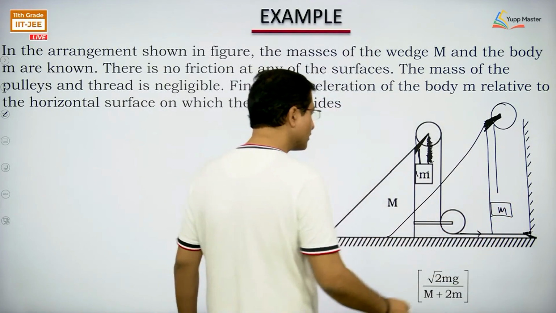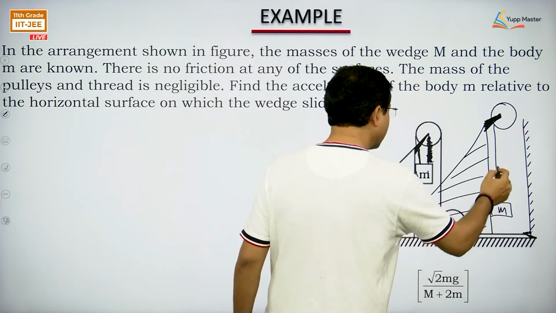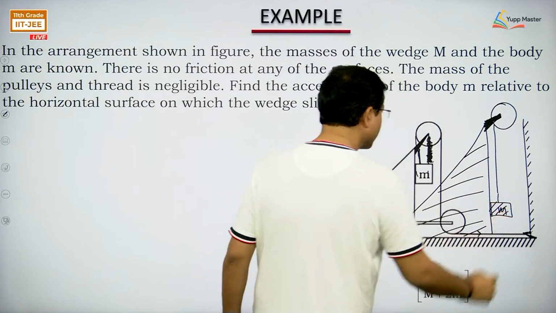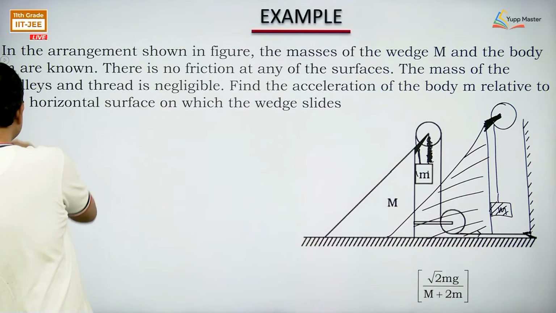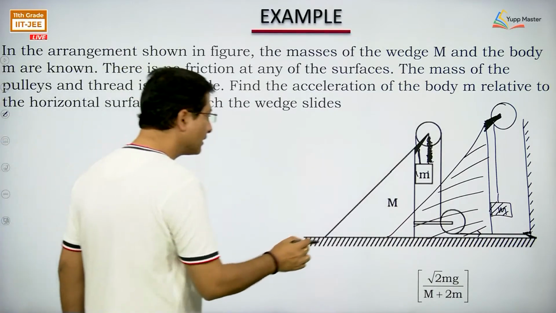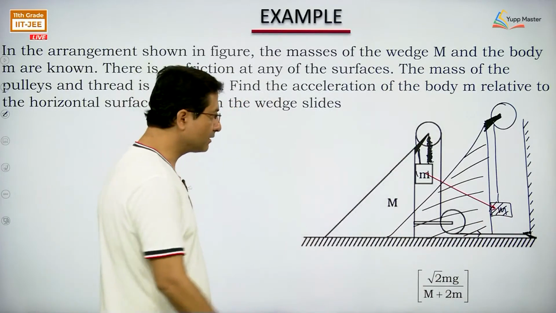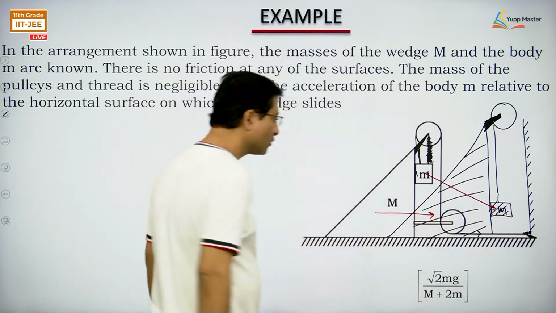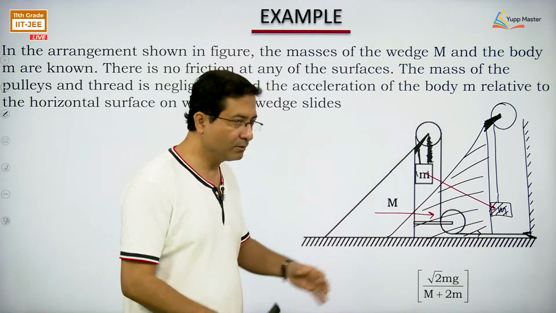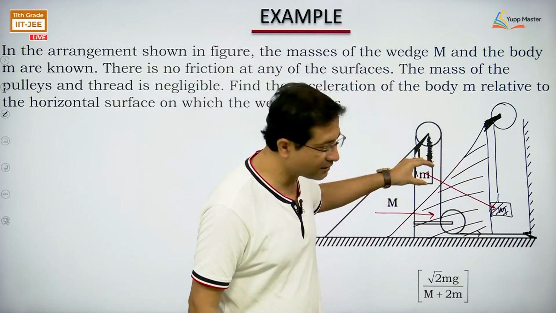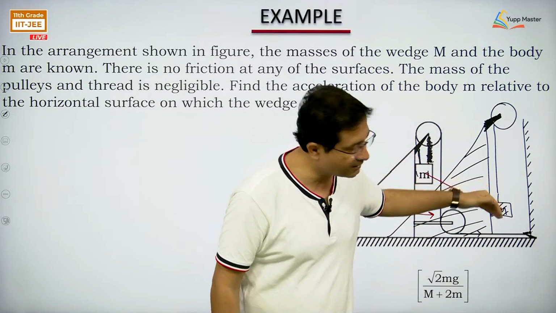So this is the new location of the wedge, and this is the new location of the block. As you can see, the motion of the block is something like this, while the motion of the wedge is something like this. So the wedge will move in horizontal direction, but the block will move in horizontal direction as well as vertical direction. So the resultant motion will be something like this.